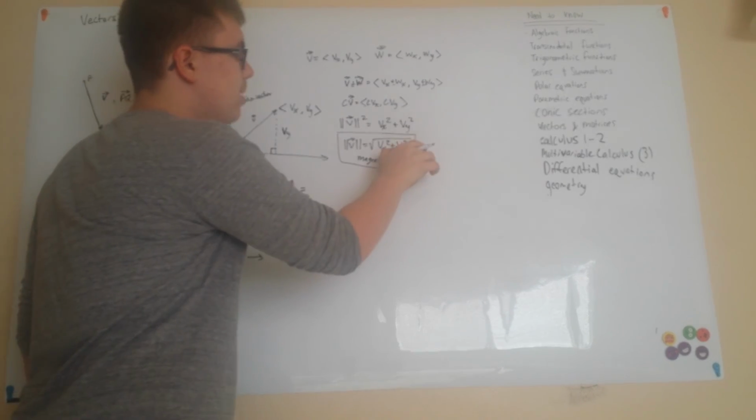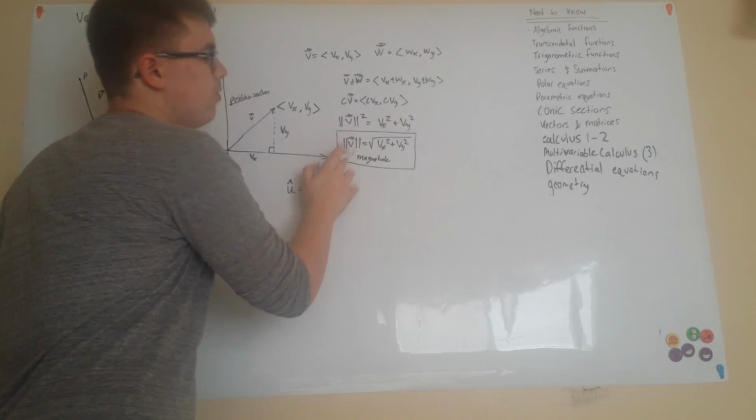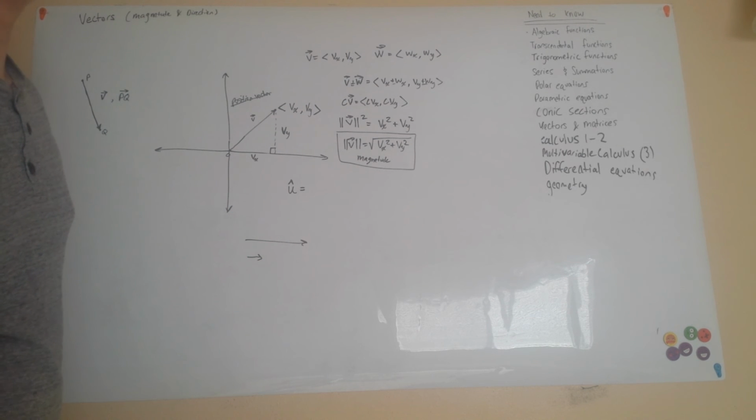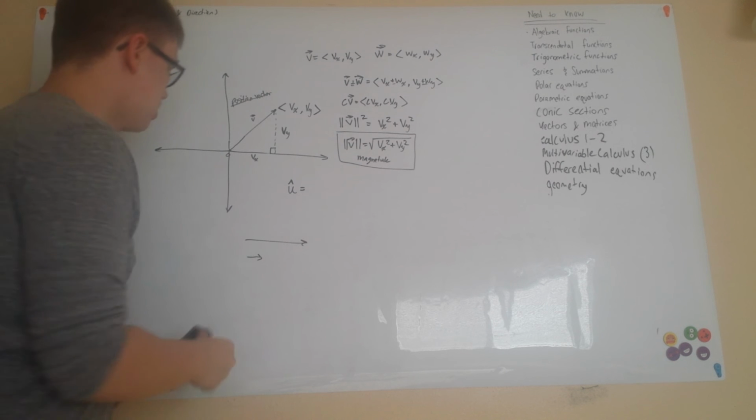If you divide by it, you get a magnitude of 1. Dividing the same number by itself gives you 1.